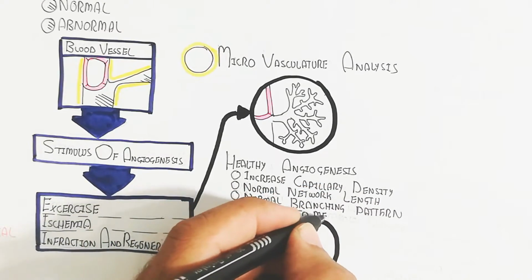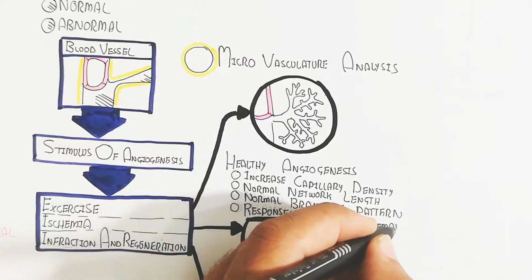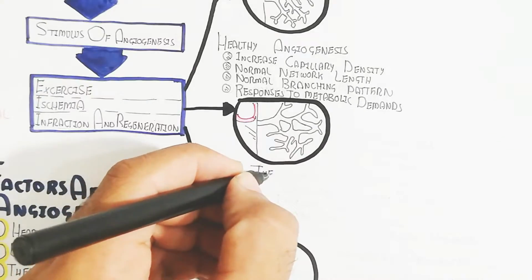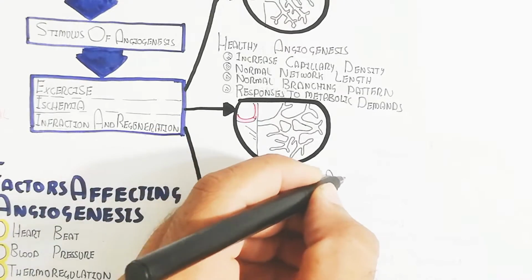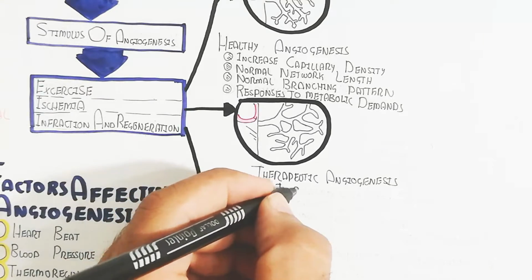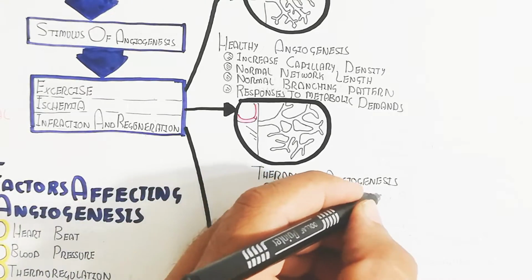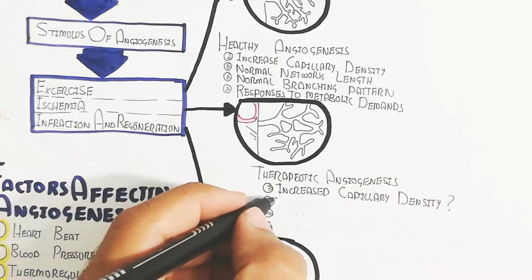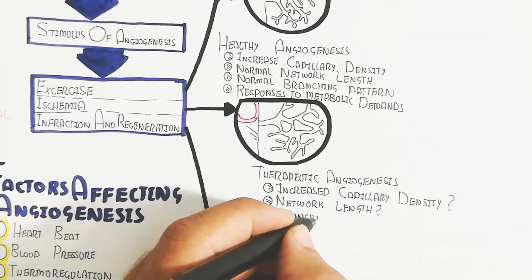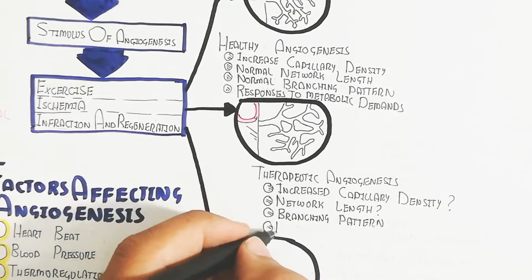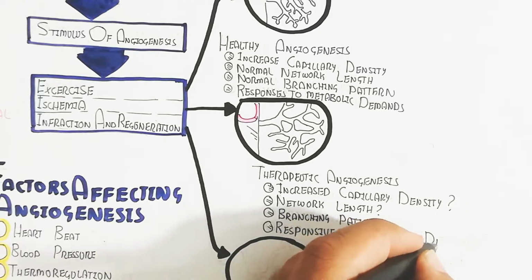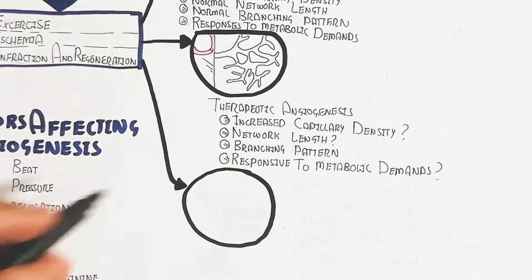metabolic demands. While on the other hand, therapeutic angiogenesis has increased capillary density possibility, network length possibility, and branching pattern possibility. Basically, the branching pattern is required, and responsiveness to metabolic demands is possible. This is basically ischemic therapeutic angiogenesis.